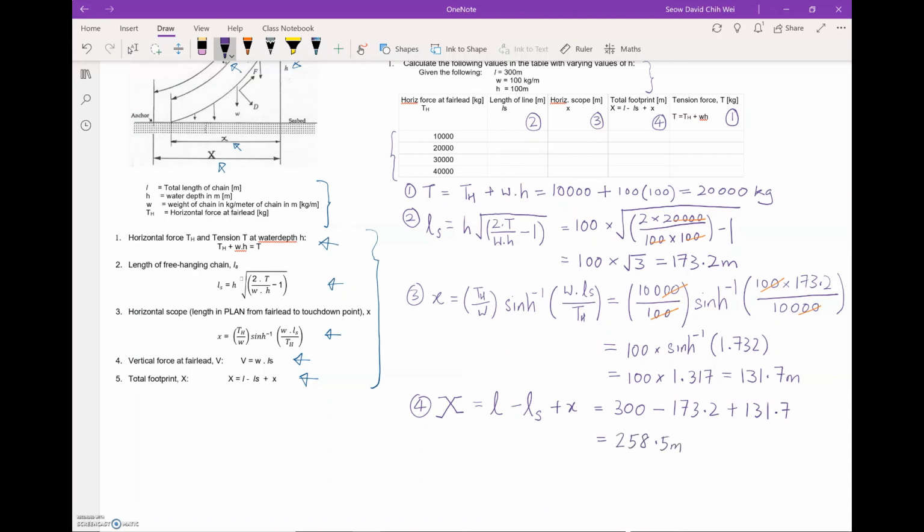If I transfer all these values into the table on top, we have 20,000 as T, for the free hanging chain 173.2 meters, for horizontal scope 131.7, and for the total footprint 258.5.